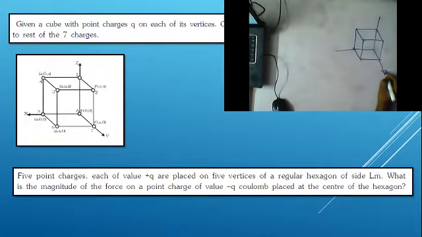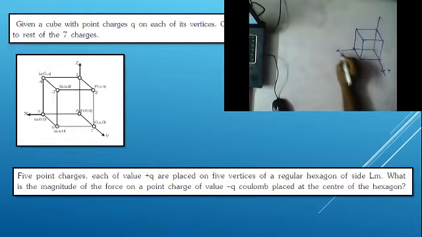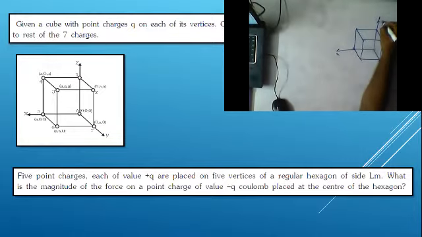This is the y-axis, this is the x-axis, and this is the z-axis. Now this point is given as A, and the vertices were given.